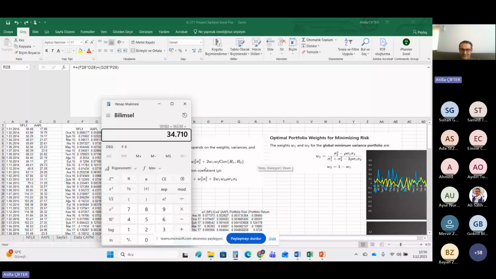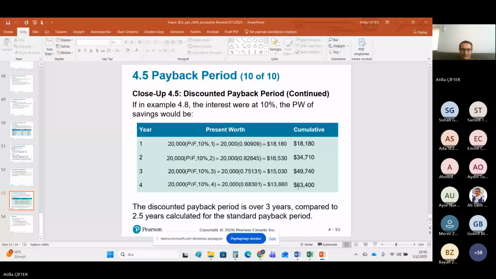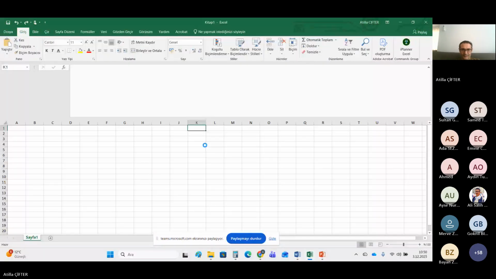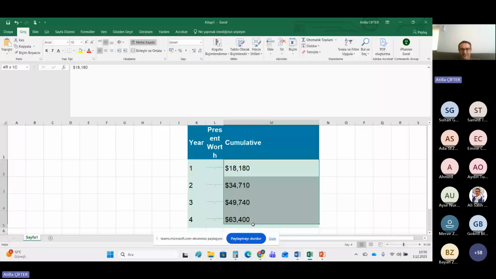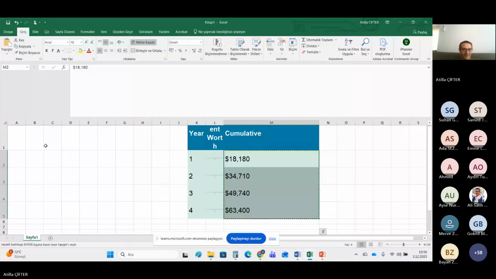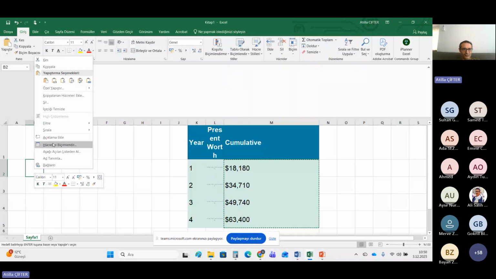So for the first year, we have 18. Okay, so these are our cash inflows, right?